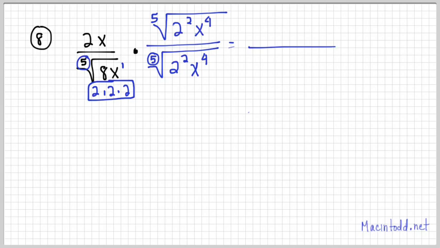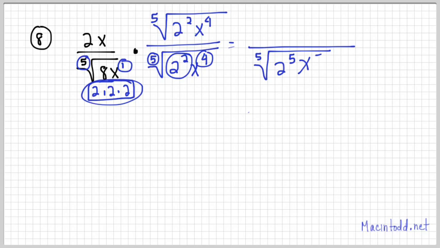Now, so you can see what's going on in the bottom: when I multiplied the 3 2's that are in 8 times 2 more 2's, I get 2 to the 5th. And here's an x to the 1st times x to the 4th, I get x to the 5th. And that's what I want to happen, because now I can 5th root the denominator.